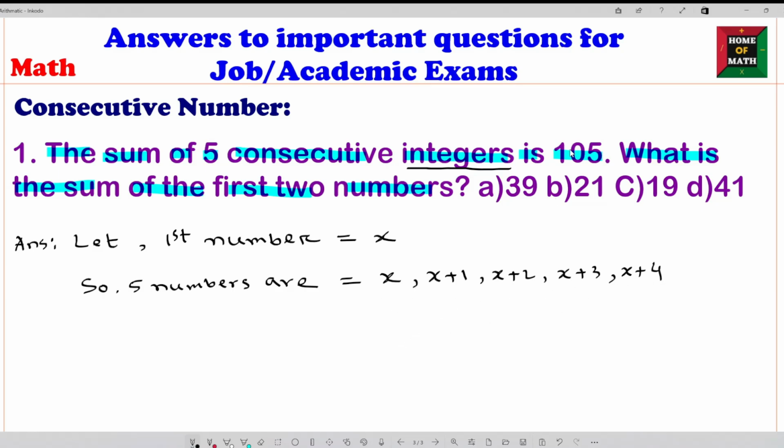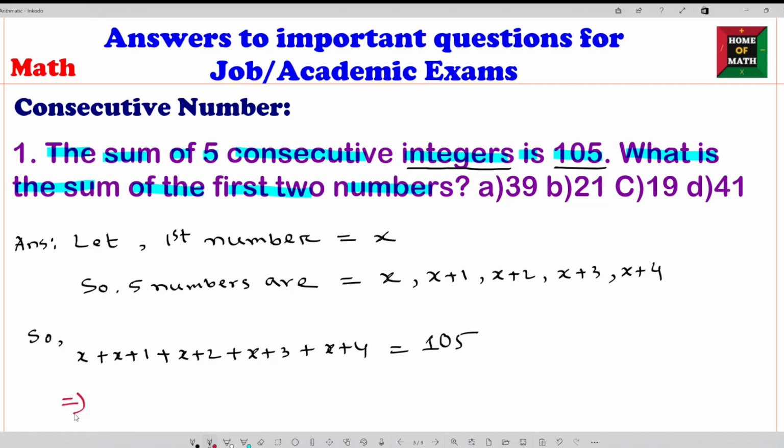The question said the sum of 5 consecutive integers is 105. So we can write x plus x plus 1 plus x plus 2 plus x plus 3 plus x plus 4 equals 105.